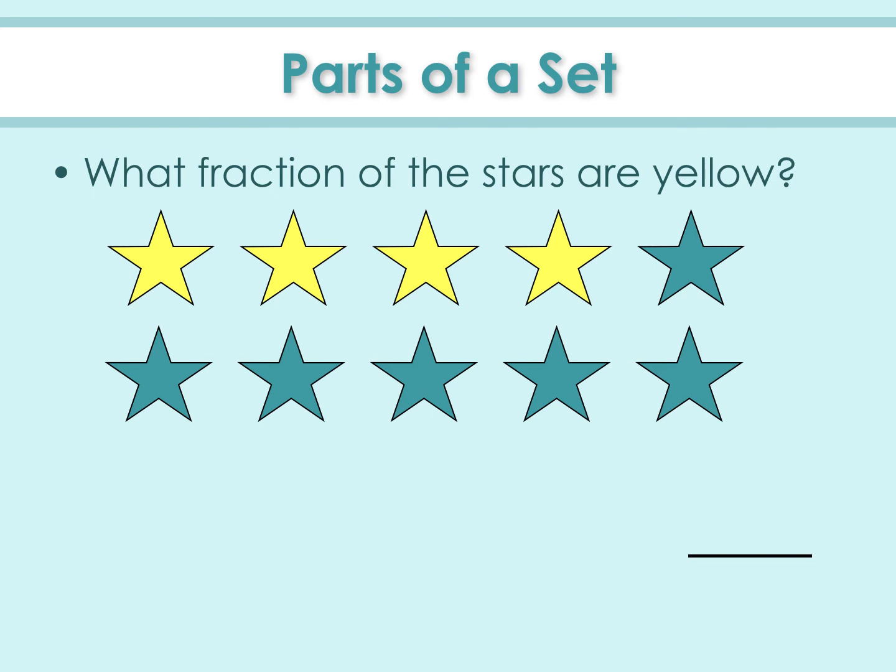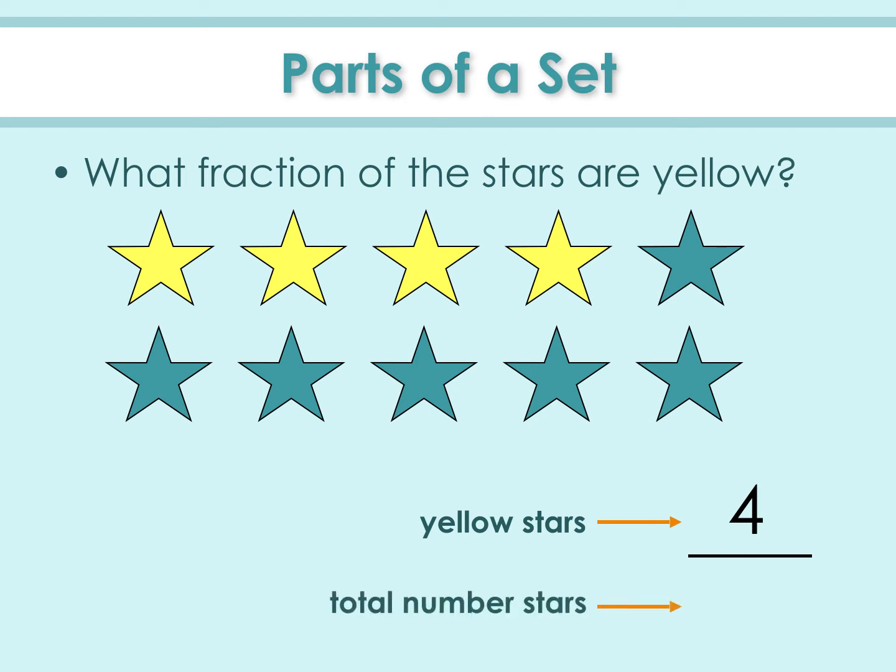Let's try this one together. What fraction of the stars are yellow? So remember, our numerator is going to be how many stars are yellow. If we count, we see we have 1, 2, 3, 4 yellow stars, so our numerator will be 4. Remember, the denominator is going to be the total number of stars.